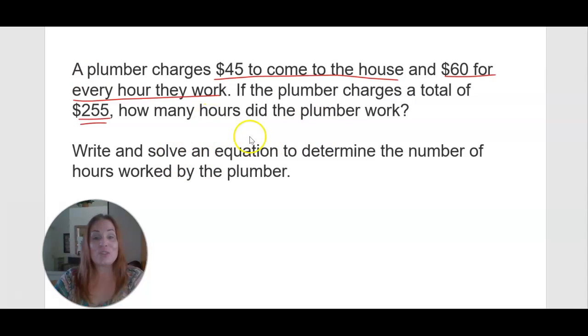Okay, so I'm going to let, we don't know how many hours, right? That's what we're trying to find. So I'm going to let H represent the number of hours that this plumber has worked. Since I don't know how many that is, I'm going to put a variable in place of the number.